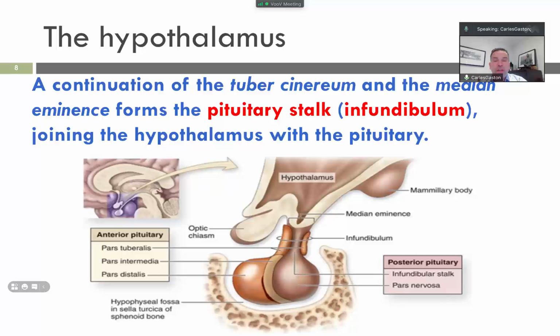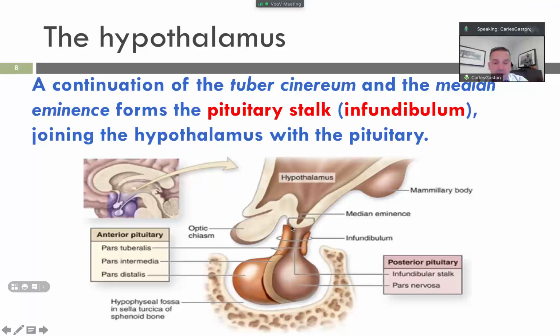So the hypothalamus is a continuation of the tuber cinereum and the median eminence. Here you can see the median eminence. If you remember, this is attached to the hypothalamus and the hypothalamus to the brain.